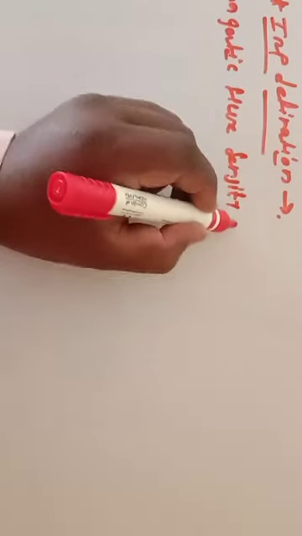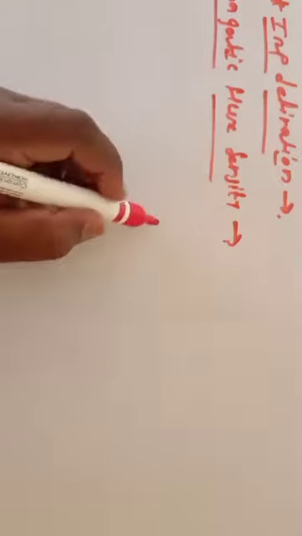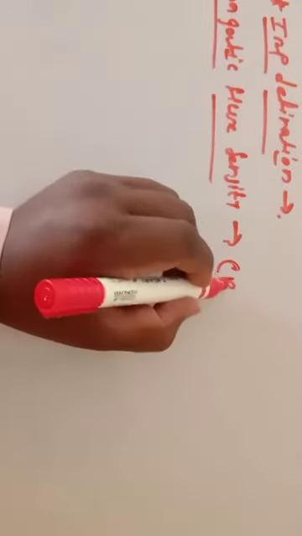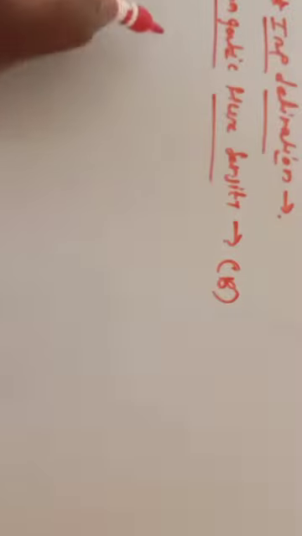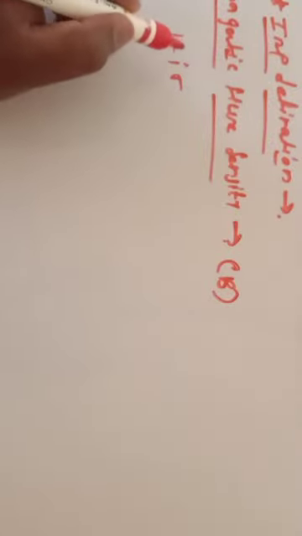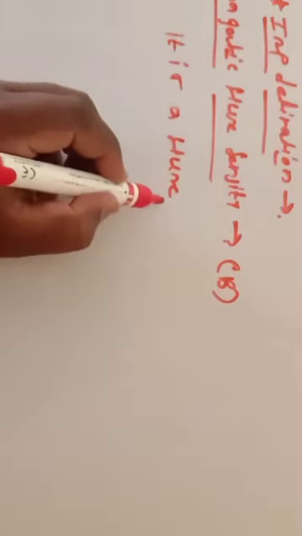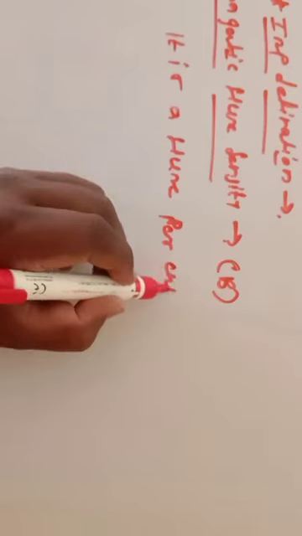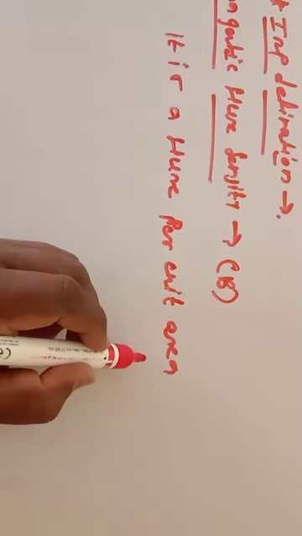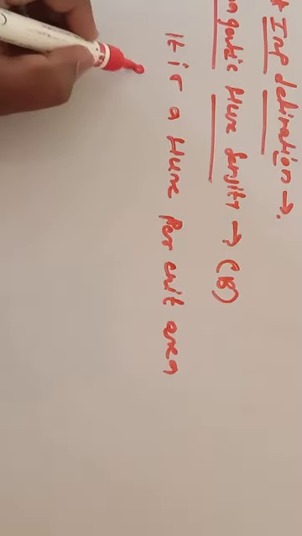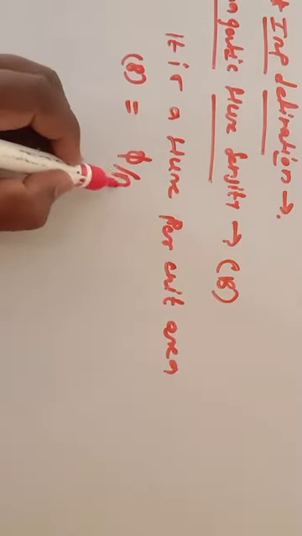It is denoted by the symbol capital B. The magnetic flux density at a point is the flux per unit area. So B is equal to phi upon A.